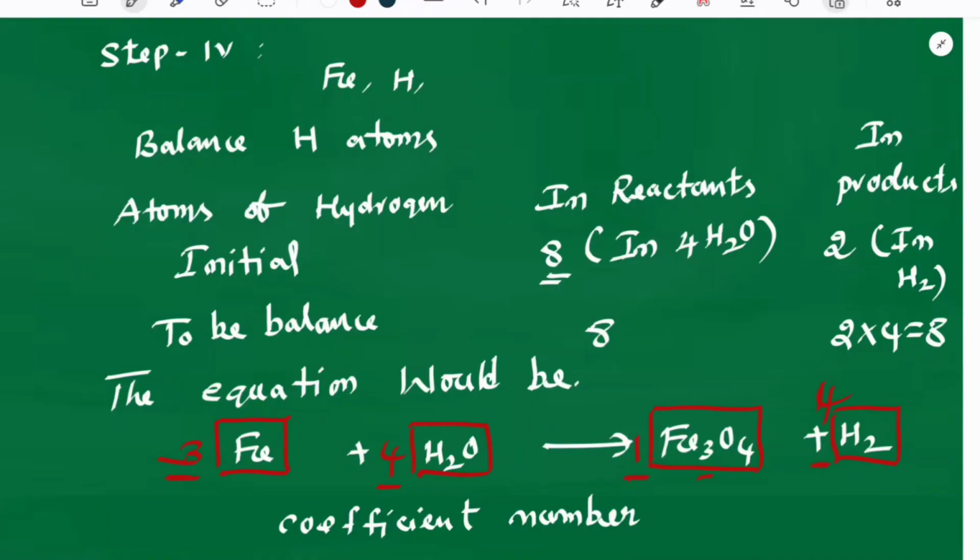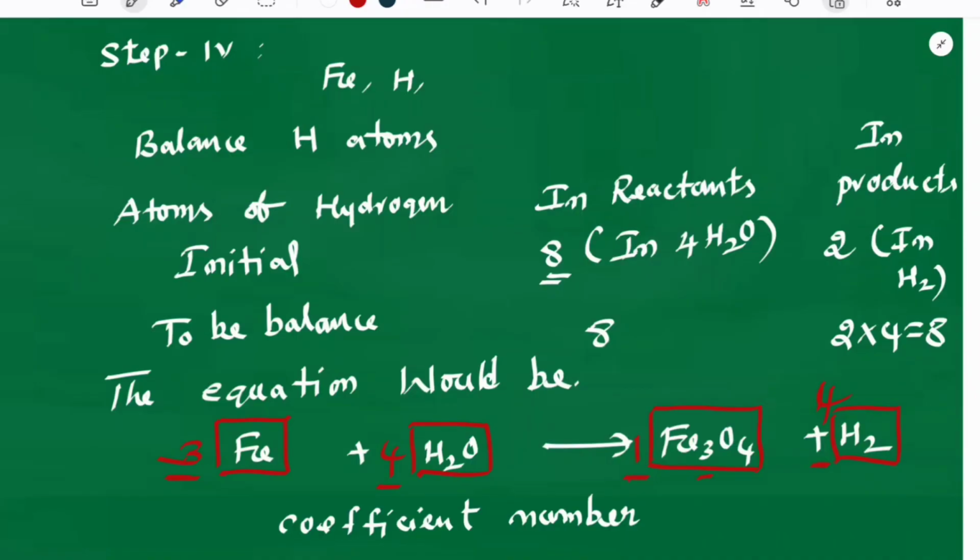It represents the number of molecules, like how many HCl molecules, how many oxygen molecules, like that. So finally we get the equation. I explained here that hydrogen atoms as well as iron both I balanced here only. So now we can write it.